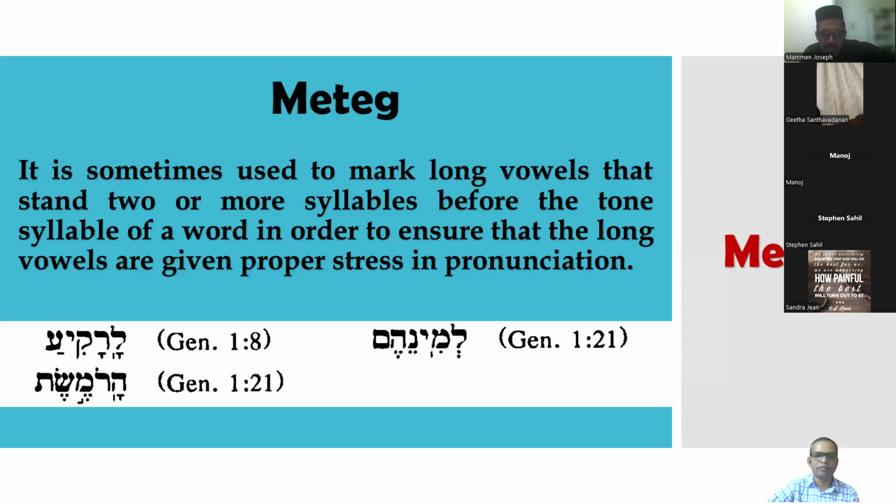Leminehem. If you see here, methek is placed with me. The tone syllable is hem. So this is the first purpose. Methek may appear along with a long vowel, one or two syllables before the tone syllable, in order to ensure that stress should be given to the long vowel along with the tone syllable, which is the last syllable. This is the basic meaning.